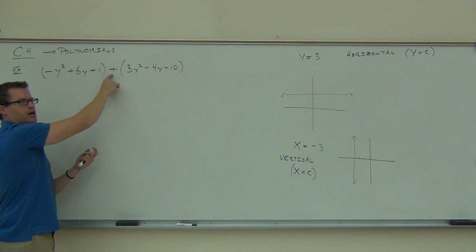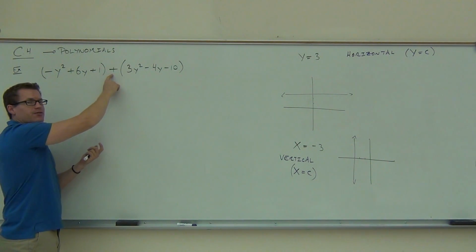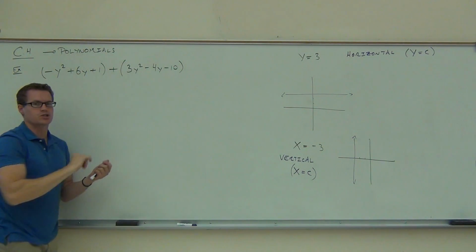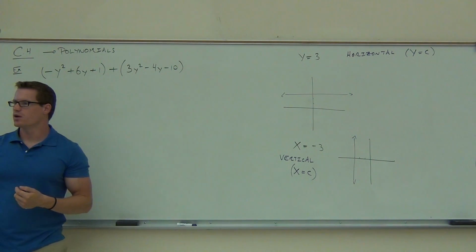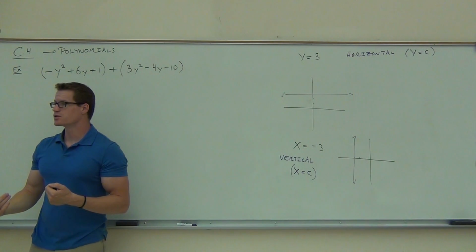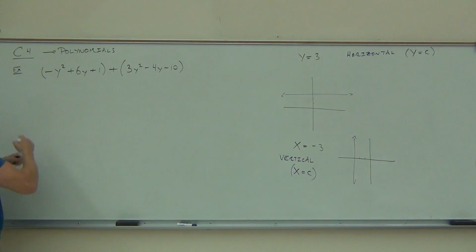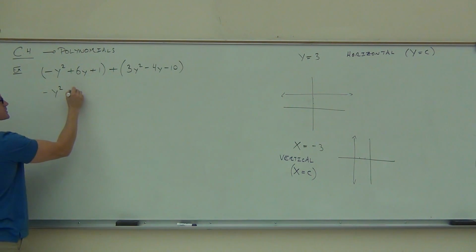Also, this says a plus sign. This is kind of like having a plus 1. If you distribute positive 1, are any of these signs going to change? So when you're adding polynomials, really nothing changes. Those parentheses are just grouping for you. So we can say, oh, nothing distributes. This is the same thing as if I were to write it without the parentheses.